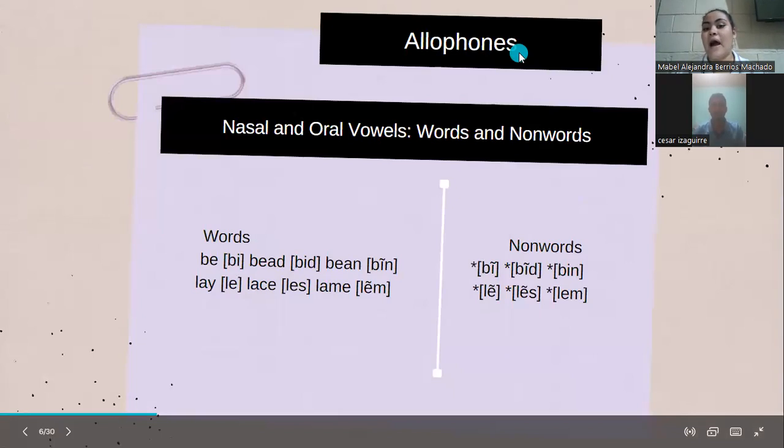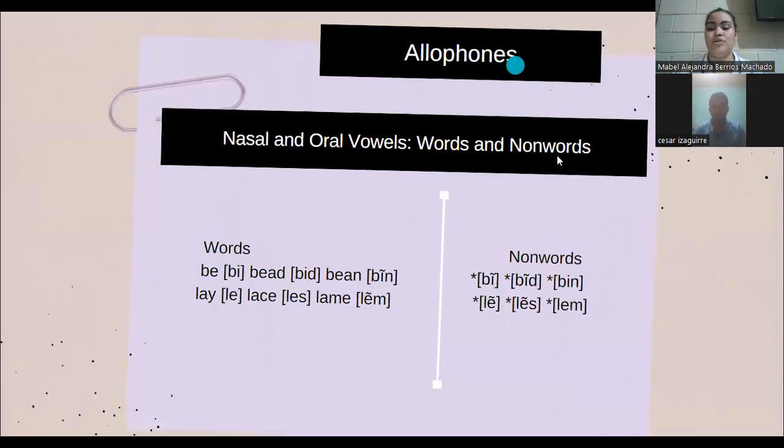Now we have the allophones. Do you remember? Before, we saw the allomorph. Now we are going to see allophones. The allophones are nasal and oral vowels, in words and non-words. For example, here we have the words be, bid, bin, lay, place, and lem.